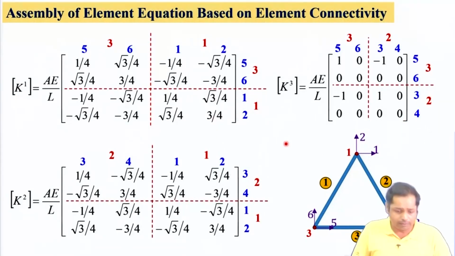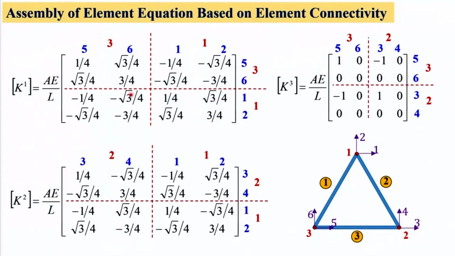Okay. Now, if you recall, these are our element stiffness matrices. The 1, 2, 3, 4, 5, 6 in blue are the global degrees of freedom, and 1, 2, 3 in red indicate the node numbers. For instance, element number 1 is connected between node number 3 and 1, and the global degrees of freedom are 5, 6 at node number 3 and 1, 2 at node number 1. This indicates that each individual column and row corresponds to the degrees of freedom.